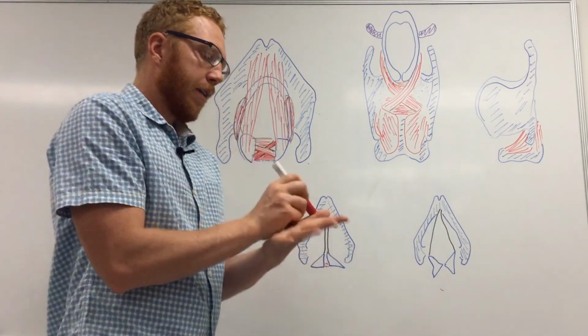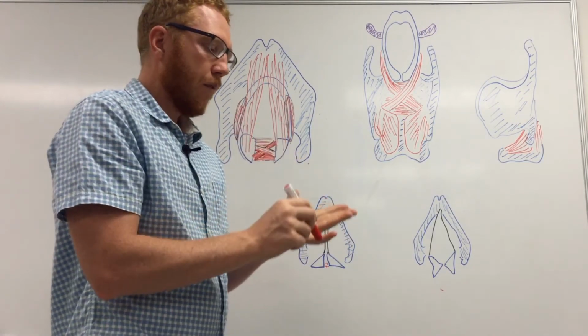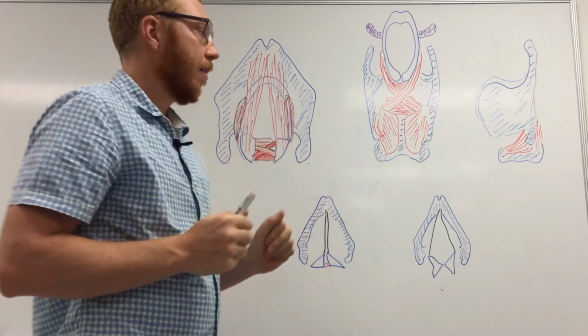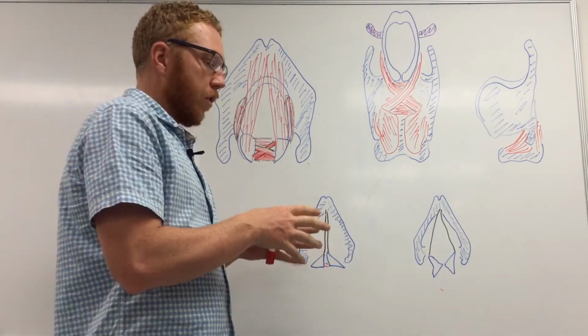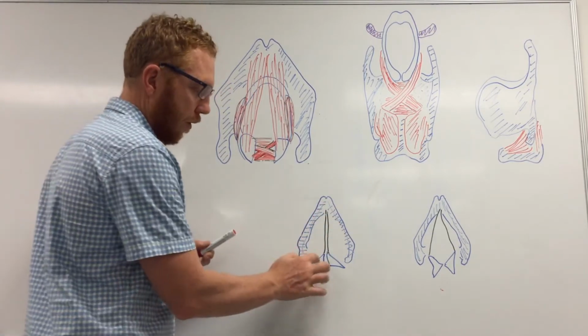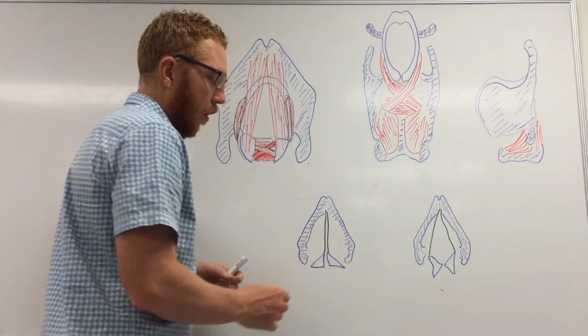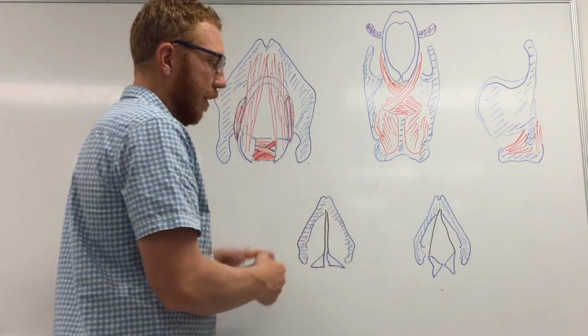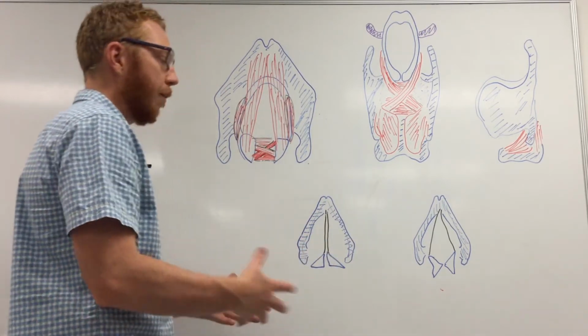We've got tensing, relaxing, abduction, adduction, and bringing together. And that's the 5 movements, and that's the 5 muscles which we're going to do now. So when you look at the movements of the vocal cords, it's all about moving these 2 cartilages, the arytenoids. So just remember that whenever you want to do anything to the cord, essentially you've got to move these arytenoids in some shape.